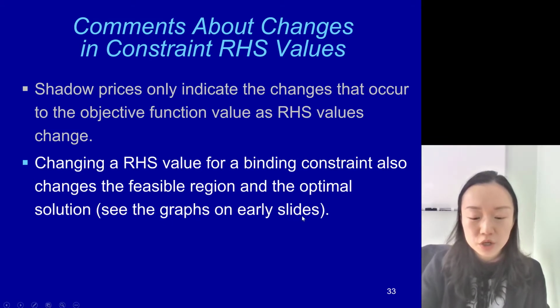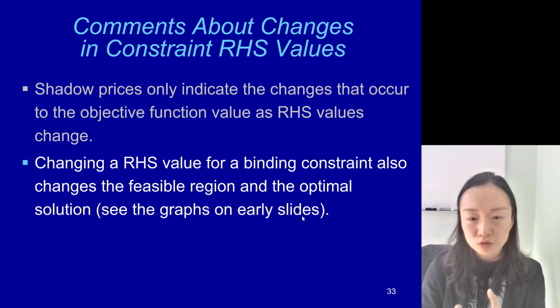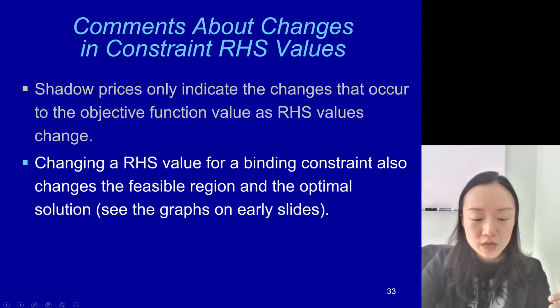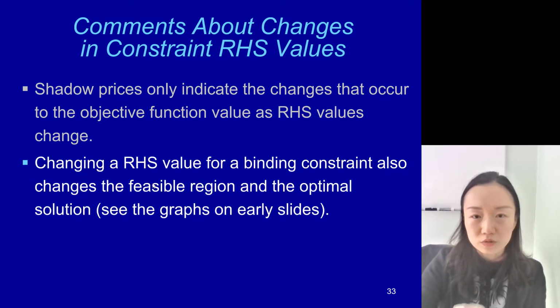When we change those constraints, as long as that constraint is not a redundant constraint, we're going to change the feasible region for sure. But whether we change the optimal solution depends on whether the constraint is a binding constraint, whether that constraint defines that optimal solution point. There can be constraints which are non-binding. They define the feasible region, but do not define the optimal solution point.